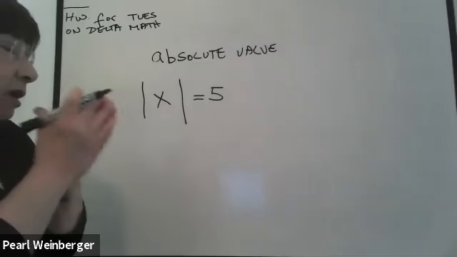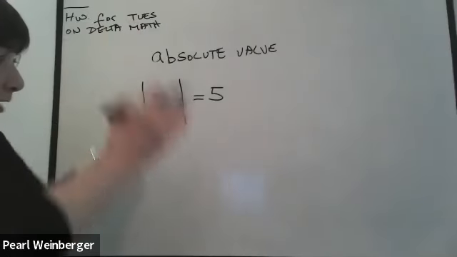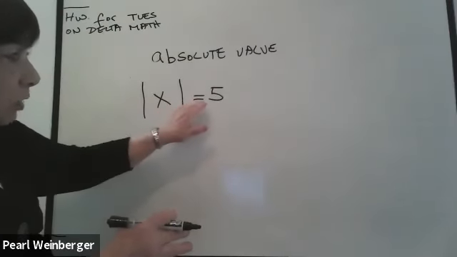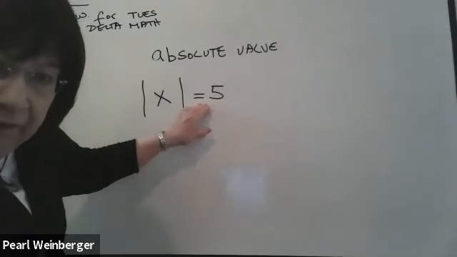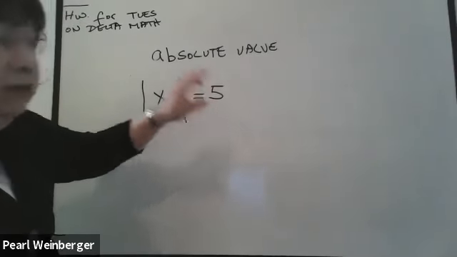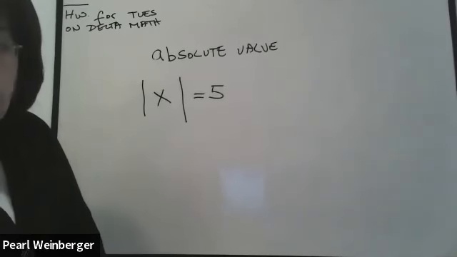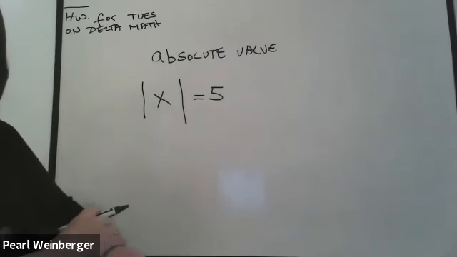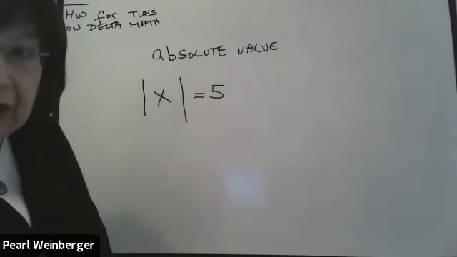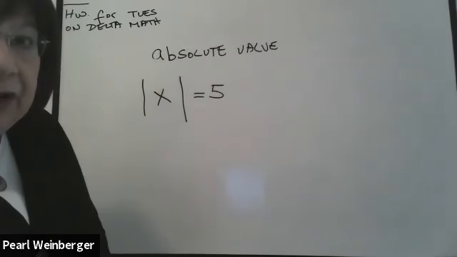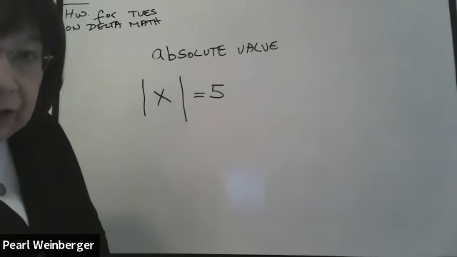But I have this unknown number. I took its absolute value. And after I took its absolute value, I ended up with the number 5. What numbers would I get that when I take the absolute value, it's going to give you 5?